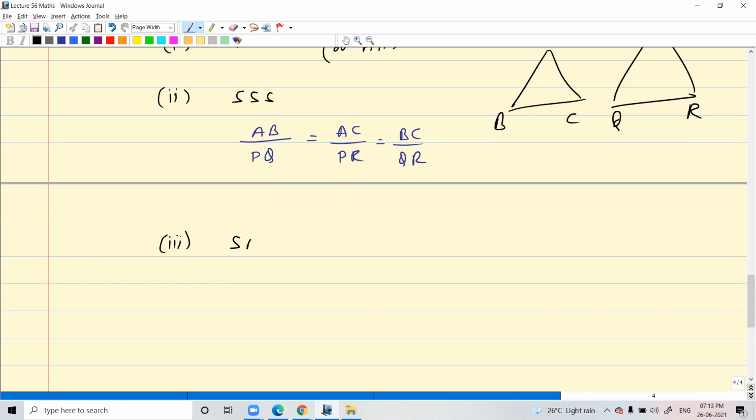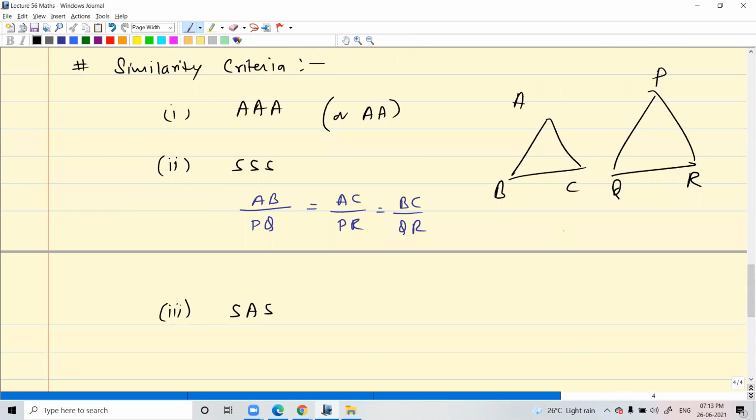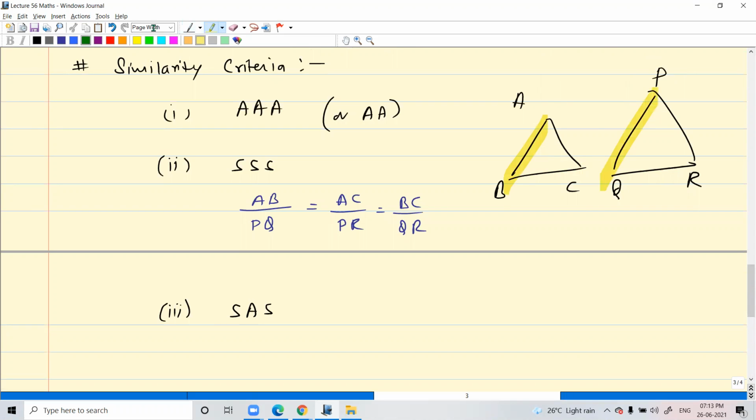Okay, fine. So what is the third criteria you have learned? SAS. In this case, what has to happen? Whichever two sides you have in proper ratio, let's say AB and PQ are in corresponding ratio, and AC and PR are in corresponding ratio, which angle has to be equal?